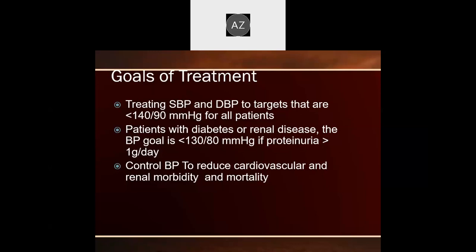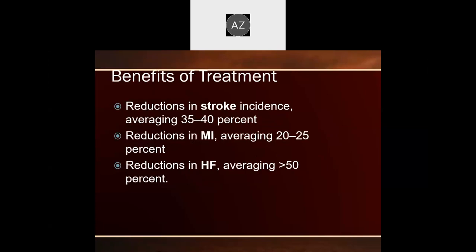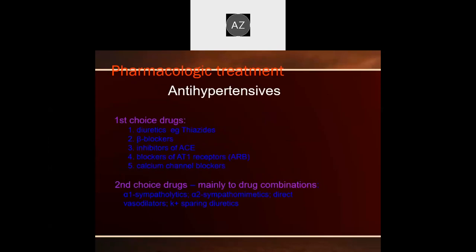So if proteinuria is more than 1 gram per day, control blood pressure to reduce cardiovascular and renal morbidity and mortality. Benefits of treatment, very important. You reduce the complications. The complications are things that we've done: the myocardial infarction, the stroke, the heart failure, and others.